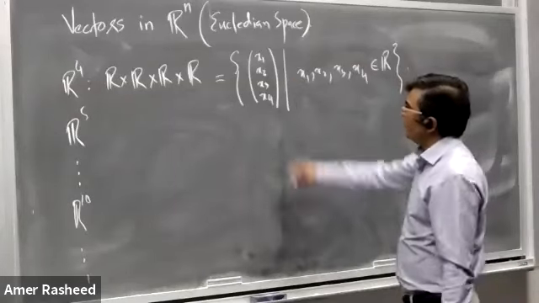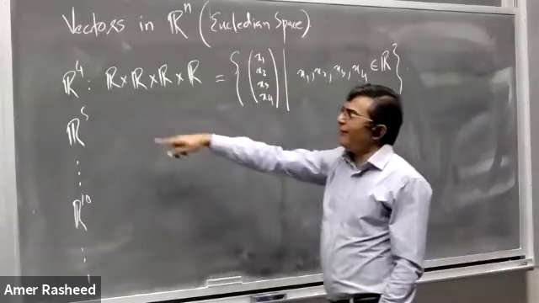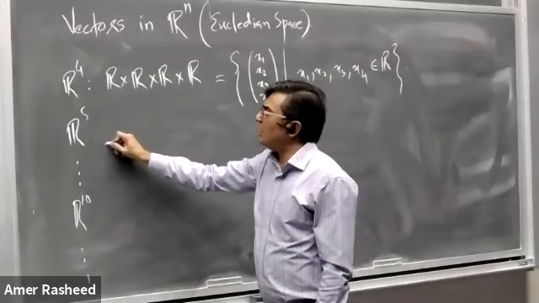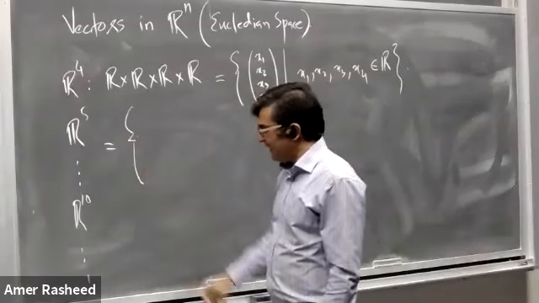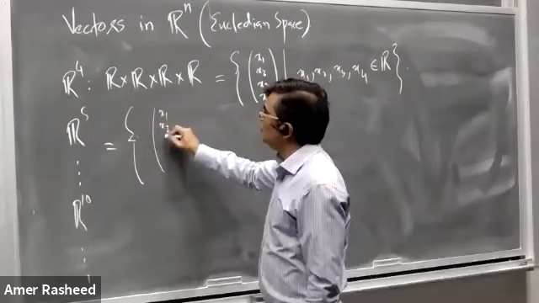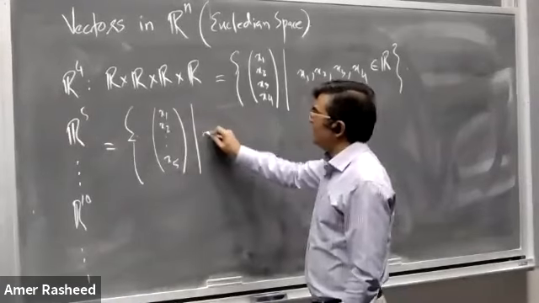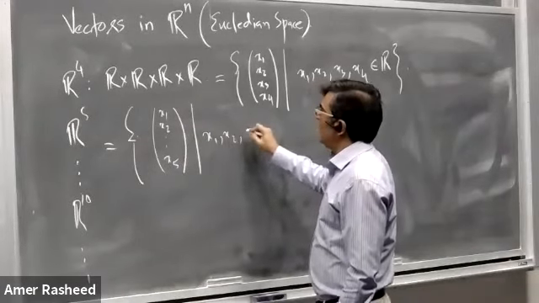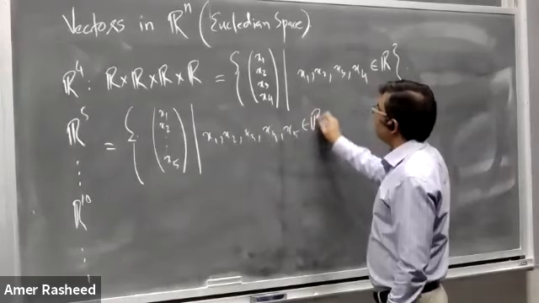So if we define R5, what kind of set would it be? It would be of this kind: X1, X2, and so on until X5, and all these elements belong to R.